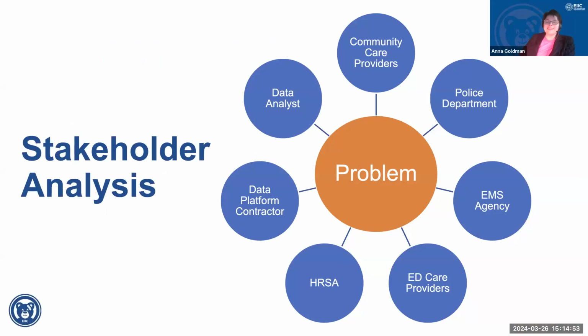So the problem is whatever problem we're trying to address. In our case, we're trying to increase access to pediatric mental health in the emergency rooms. So here you see we listed possible stakeholders.